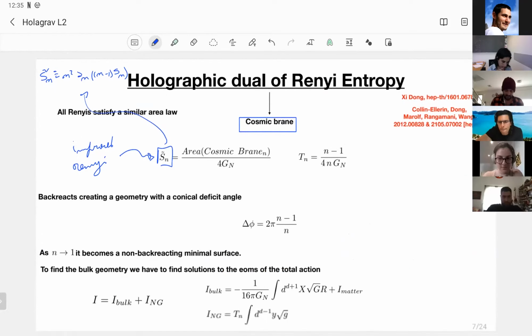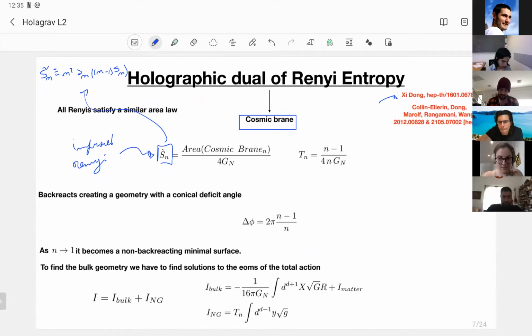So this was originally proposed in a paper by Xi Dong in 2016, again in a static case. And the covariant formulation was done by Rangamani, the same Xi Dong and more people at the end of last year, and was applied to JT gravity essentially this year in another paper.